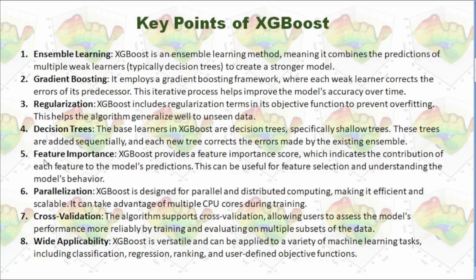And XGBoost has feature importance. XGBoost provides feature importance score, which indicates the contribution of each feature to the model's predictions. This can be useful for feature selection and understanding the model's behavior.